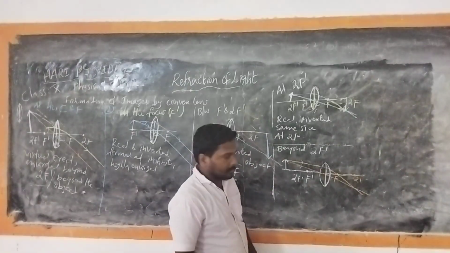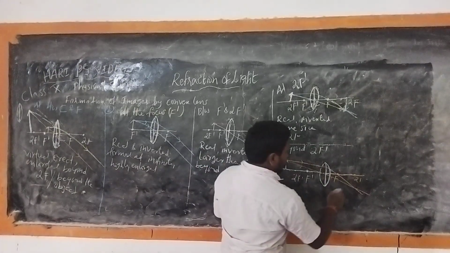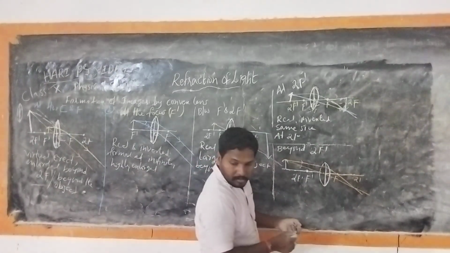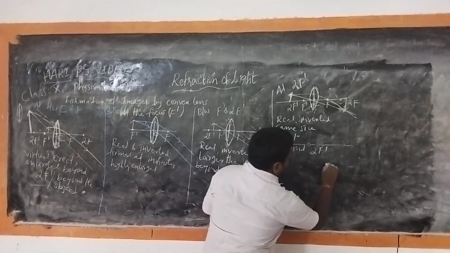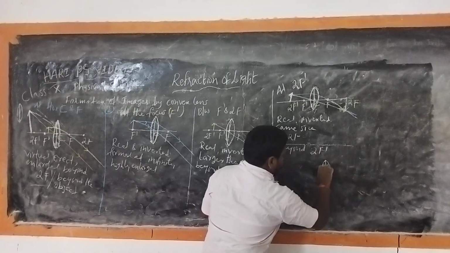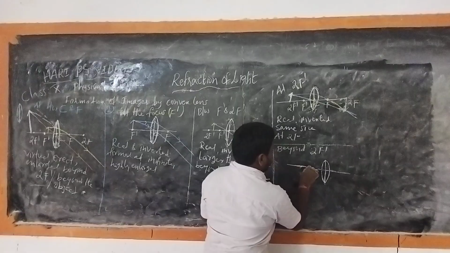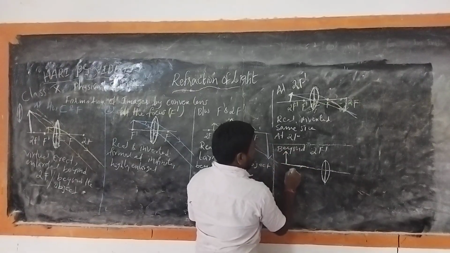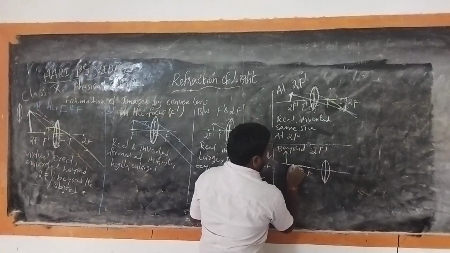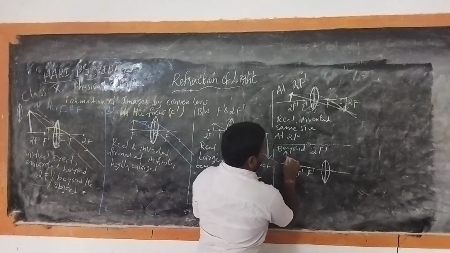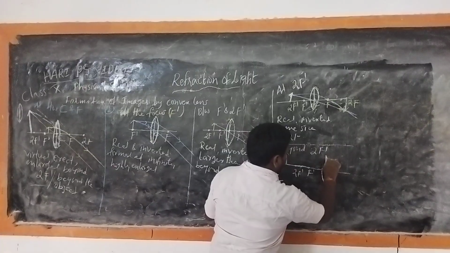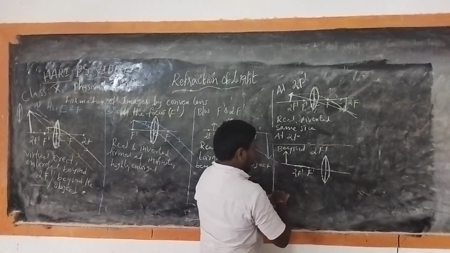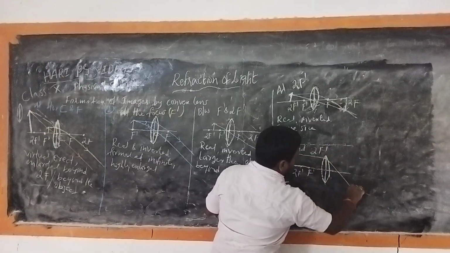Drawing ray diagrams is very important. One is a parallel light ray passing through the focus.